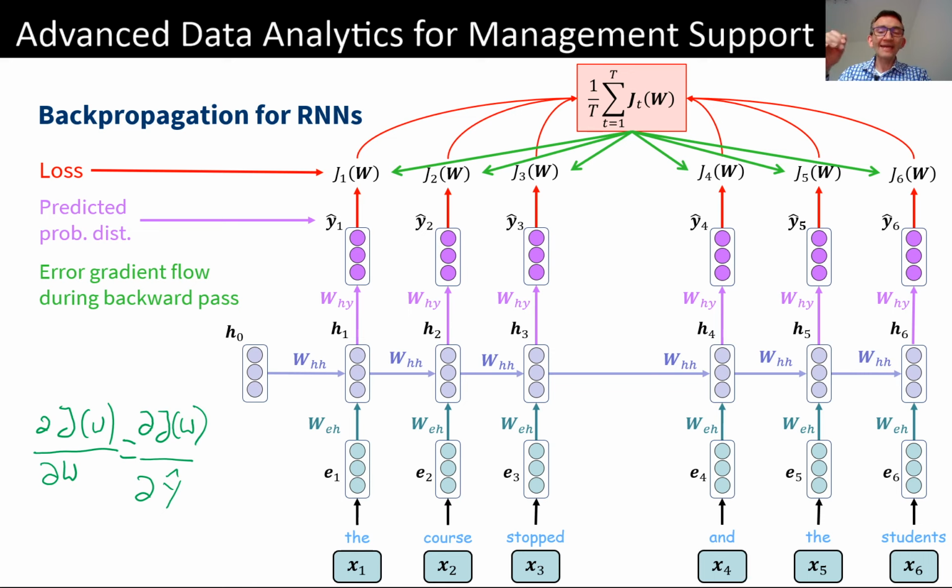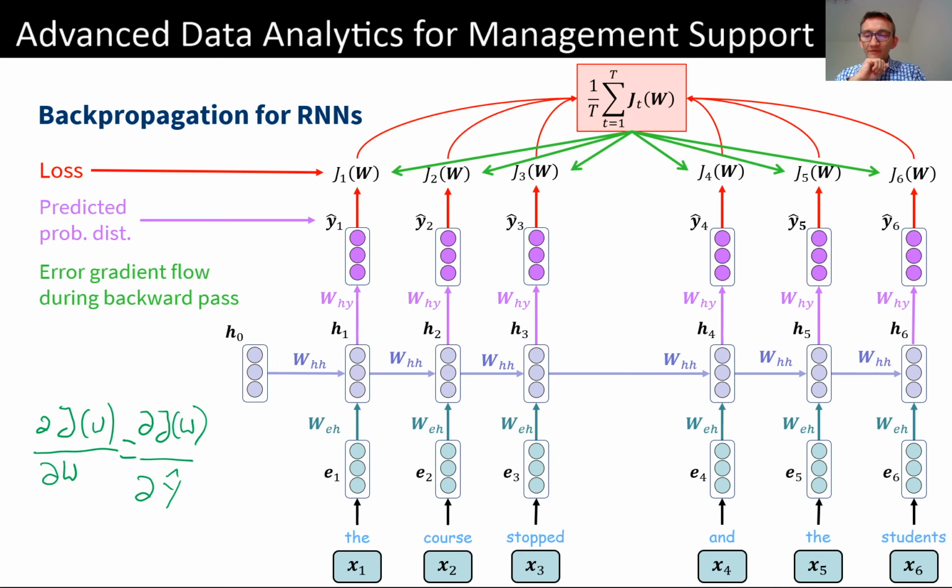So the y hat is in fact a result of us computing a raw network output, which is h2 times W_hy plus the bias b_y. That's how we calculate the raw output.